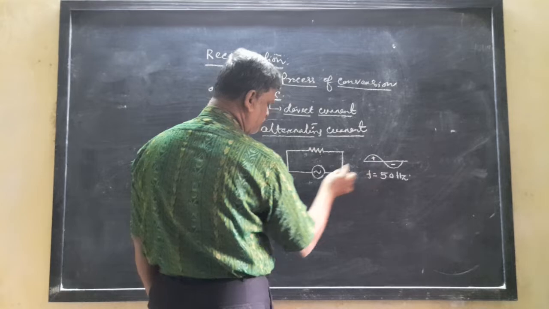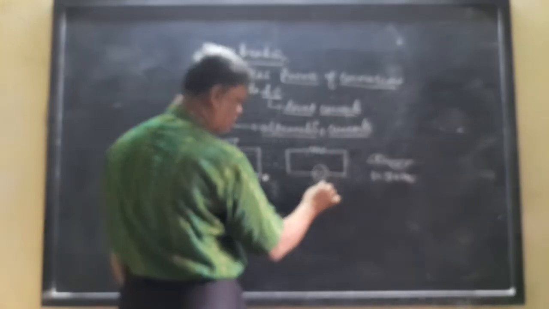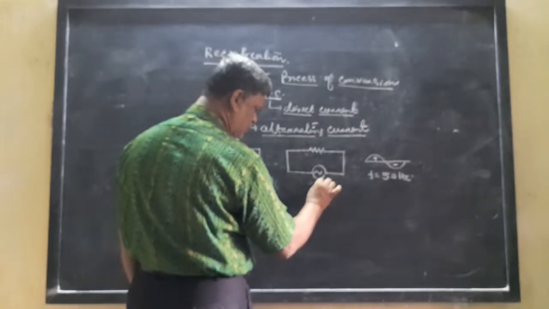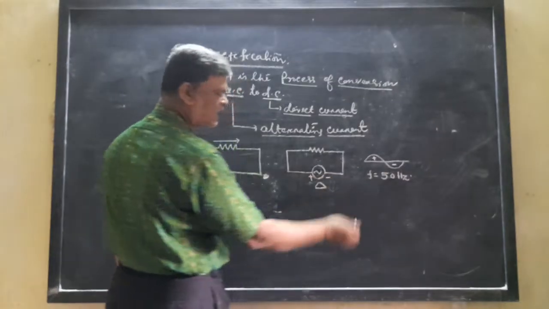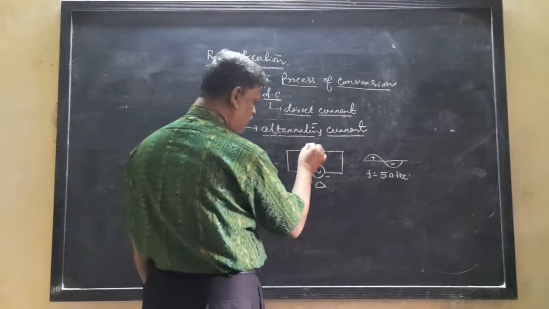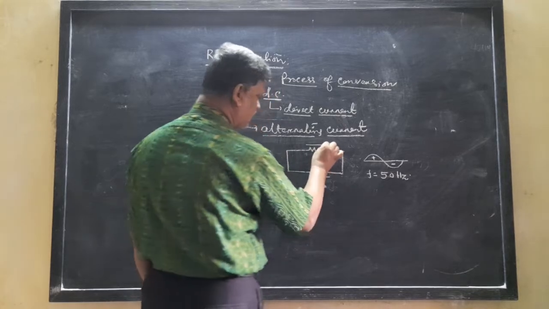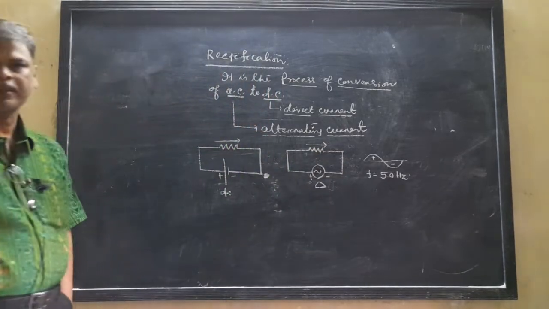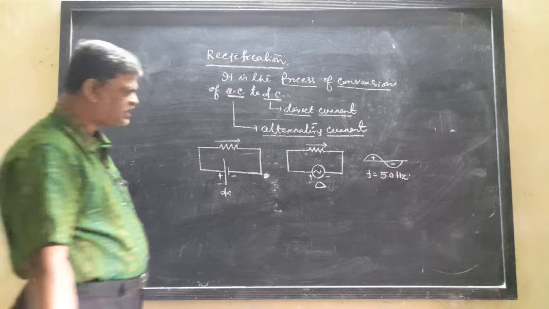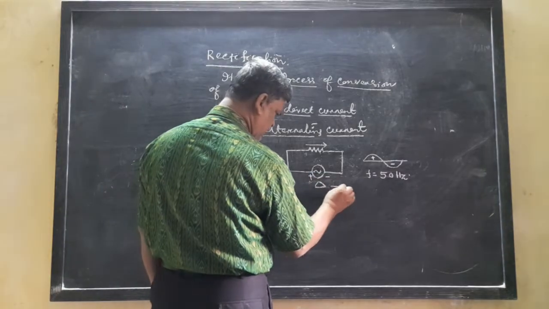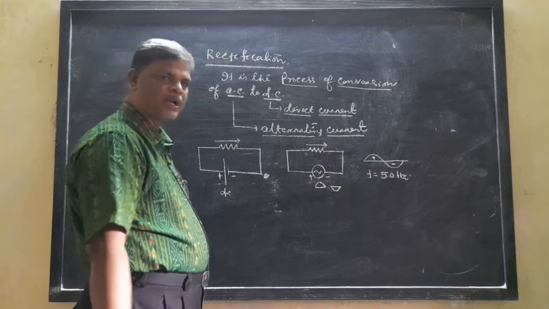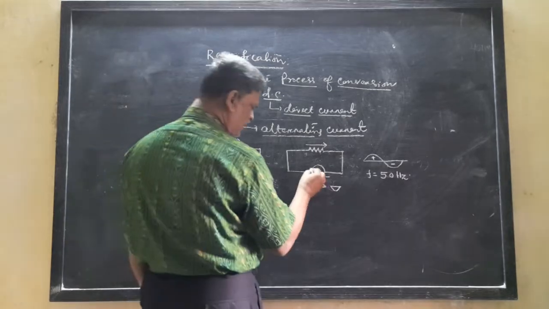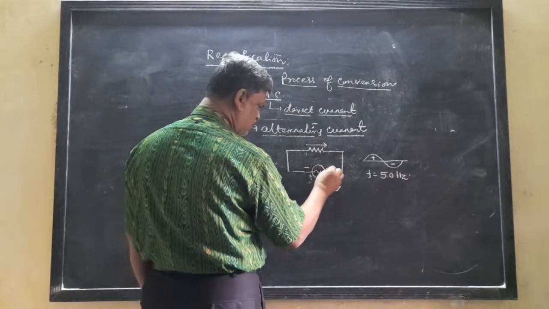For the positive half cycle, let this side be positive and this side negative. Then the current flows from positive to negative. This is the direction of current. For the negative half cycle, this one is negative and this is positive.